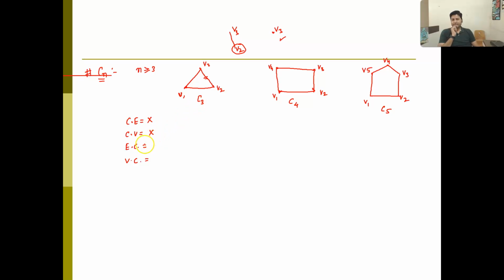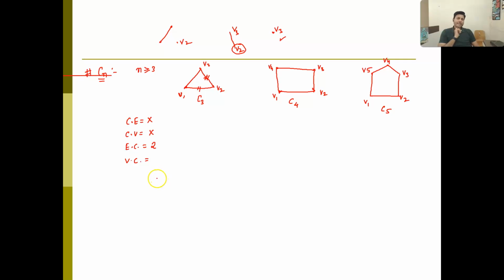Talking about the connectivity part, for edge connectivity, if I remove any two edges, the graph comes out disconnected. Like if I remove these two edges, the graph looks like this. So V2 got disconnected from the leftover part, and it is minimum because with 1 it is not happening, with 2 it happens. So edge connectivity for this graph is 2.